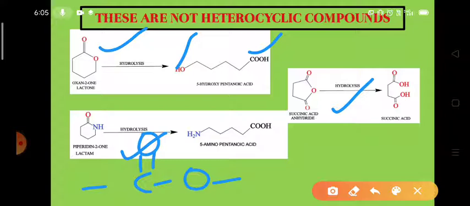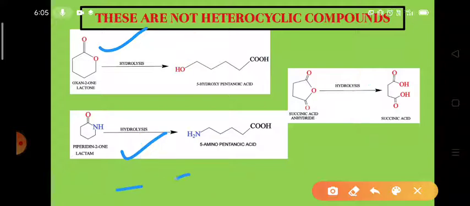The second example for this category is lactams. Lactams are nothing but cyclic amides. The compounds which have the CONH functional group in them are called amides, and cyclic amides are known as lactams. So when lactams are hydrolyzed, we get an amine group and a carboxylic group.